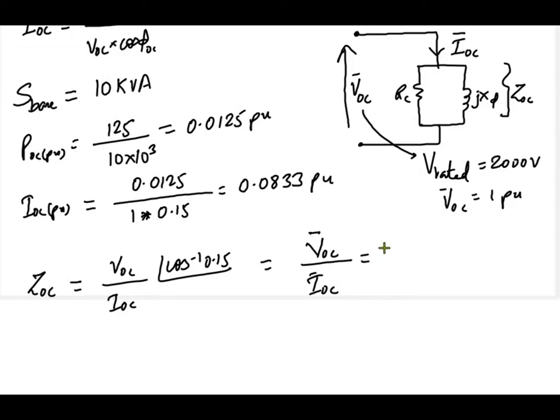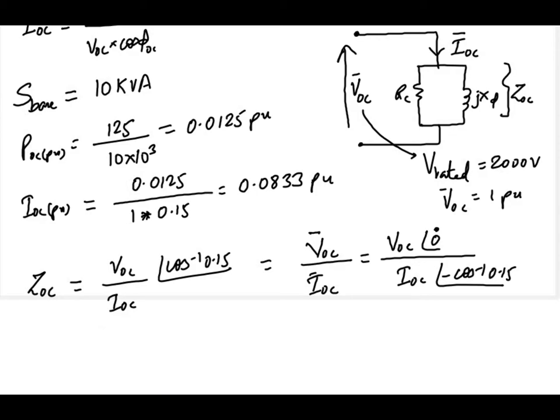VOC is VOC angle 0 degree, we have taken it as a reference, divided by IOC, the magnitude, and angle. Since at no load the power factor is always lagging, we write it as minus cos inverse 0.15. So this will be the expression.